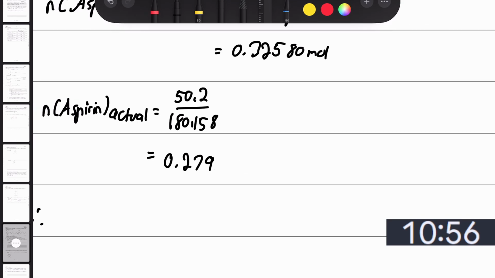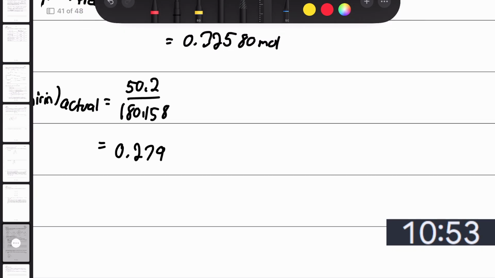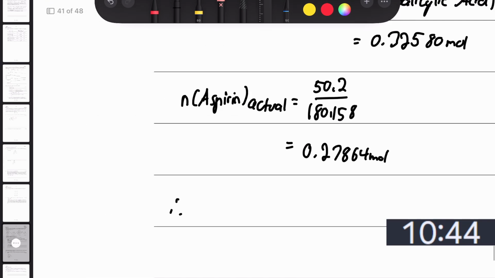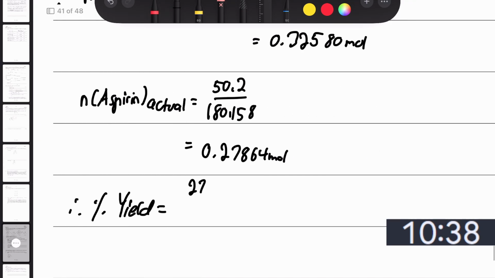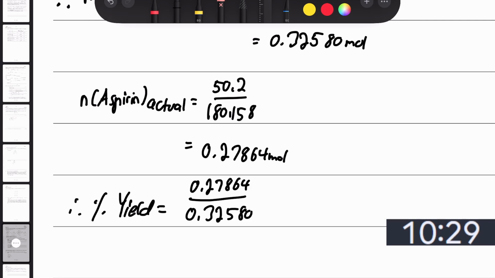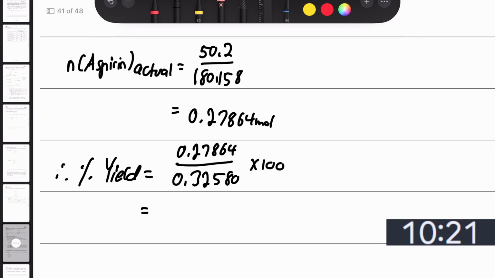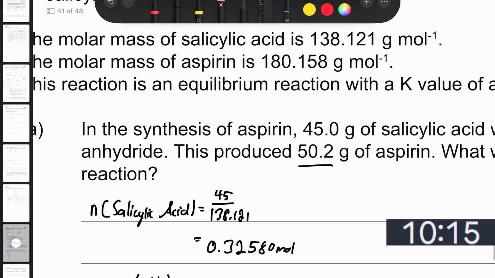And this is 50.2 over 180.158, which is 0.27864 moles. The percentage yield is equal to 0.27864 divided by 0.32580 times 100, which is 85.5%, and we want it to 3 sig figs.